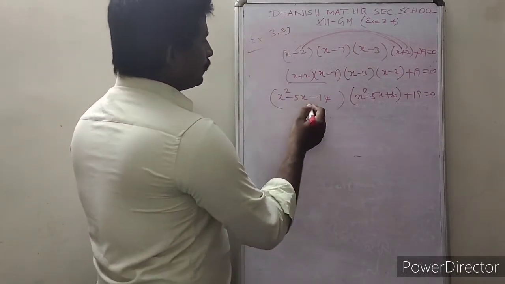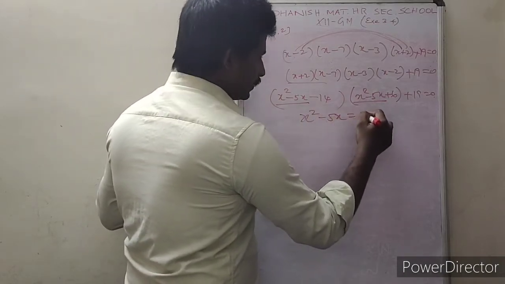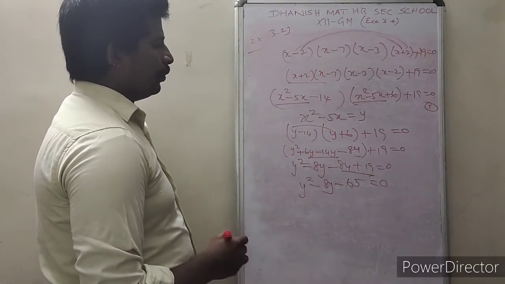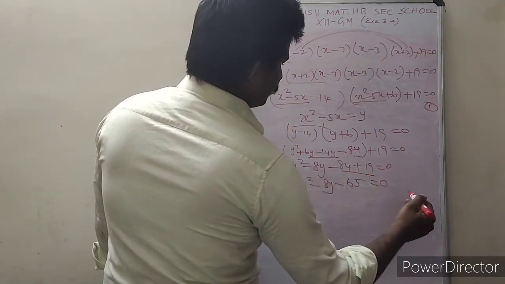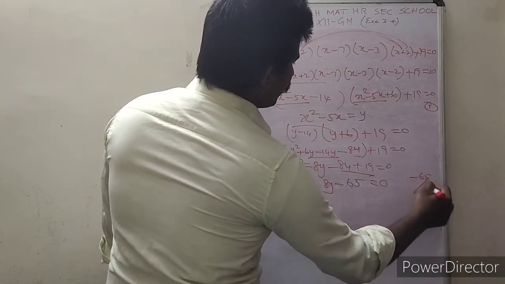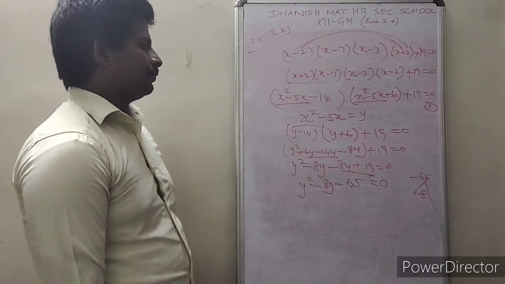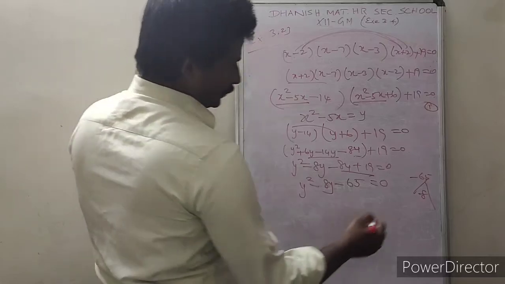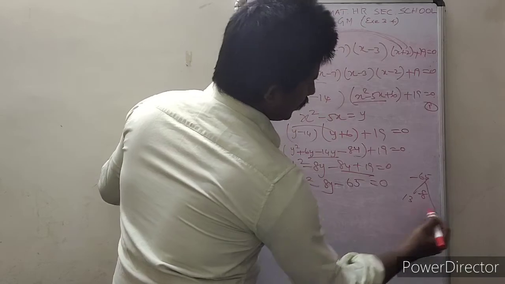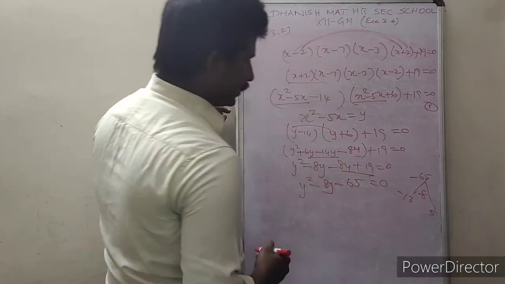Now I'm going to substitute x square minus 5x as y. Now our multiplicative factor is minus 65, our additive factor is minus 8, so 13 and minus 5.